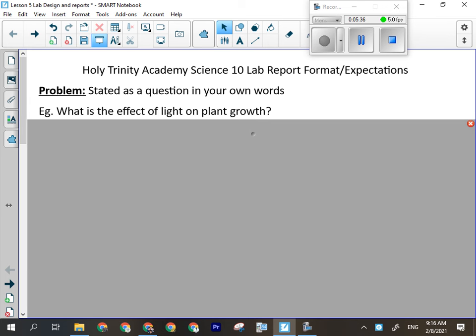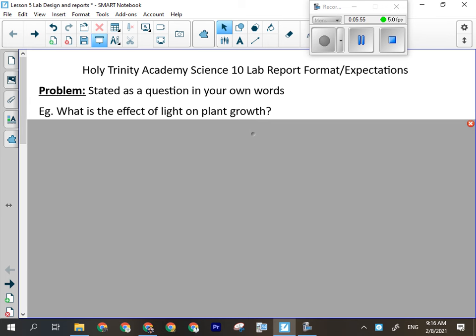Okay, for your controlled variables, those are the things that could affect the growth of a plant other than light. What are some other things that could affect the growth of a plant? What do you have to do to a plant on a regular basis? Water it, yeah.